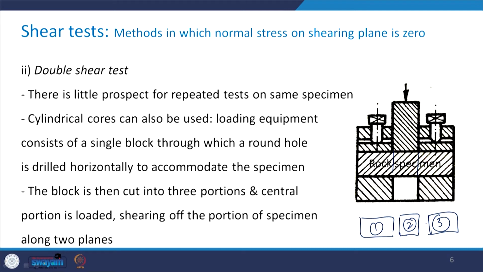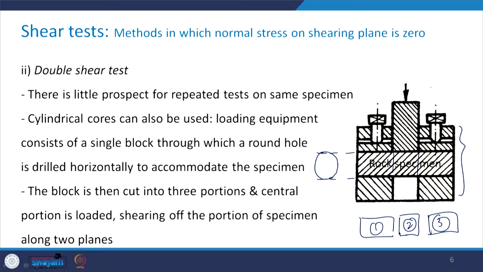So, for that this is the loading equipment, and through which here, if you just see here, I take this side view. So, here a circular hole can be made in the horizontal direction to accommodate the specimen.